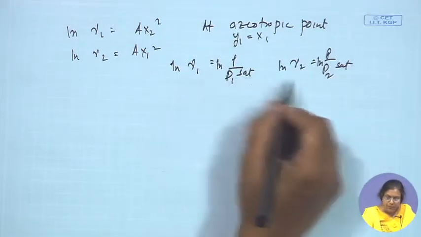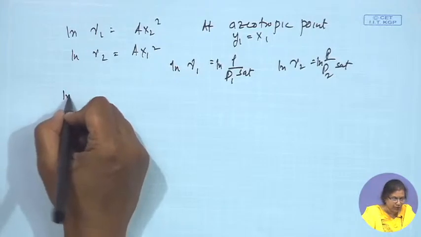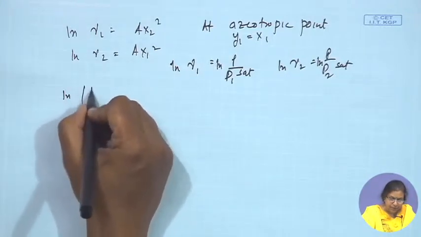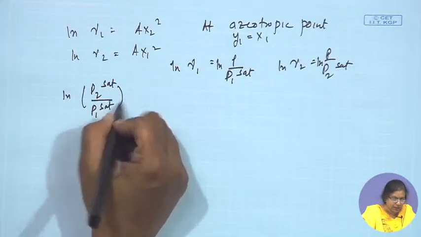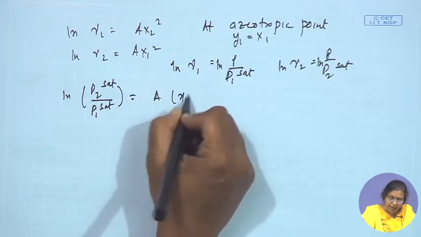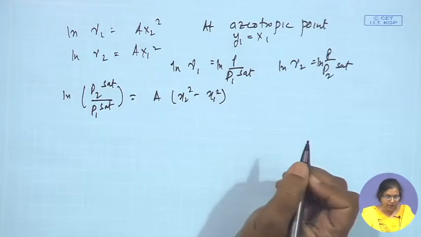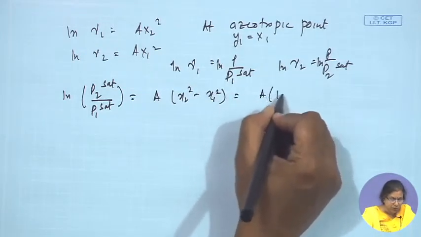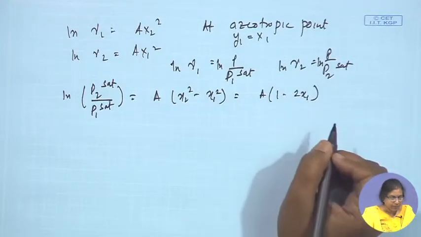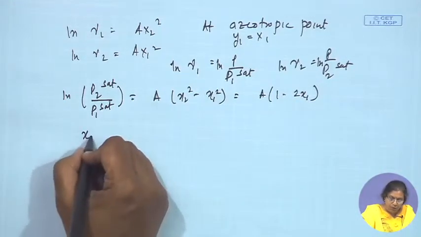Now, suppose you subtract one from the other, what will you get? You will get ln P2 saturated by P1 saturated equals a into (x2 square minus x1 square), isn't it? And this is nothing but a into (1 minus 2x1). Agreed?